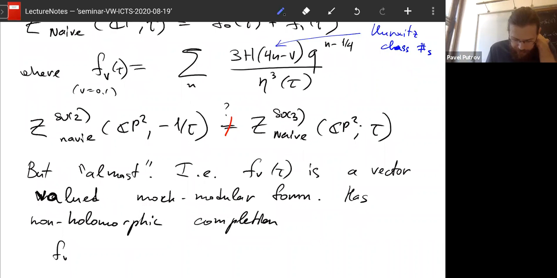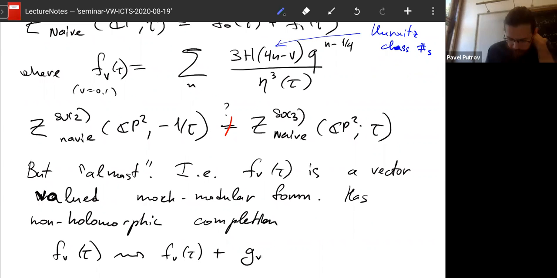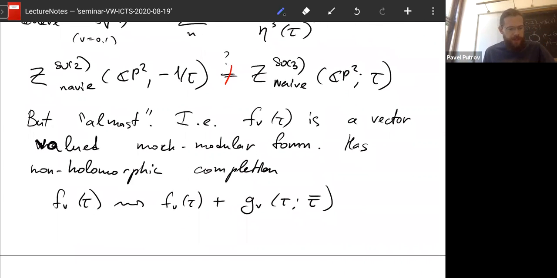meaning that we can replace this F_V of tau with F_V of tau plus some addition, which is an analytic function of both tau and tau bar.